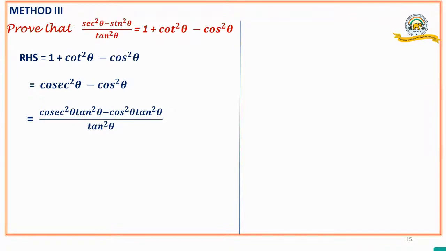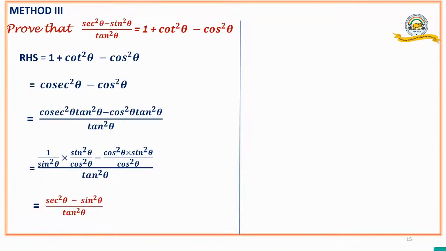Now we have to see how we can simplify the numerator to get what is there on the left hand side numerator. So cosec square theta, we are changing to sine reciprocal, 1 by sine square theta, times tan square theta, which is sine square theta by cos square theta, minus cos square theta into tan square theta, which is sine square theta by cos square theta. Now here sine square theta and sine square theta cancel off.